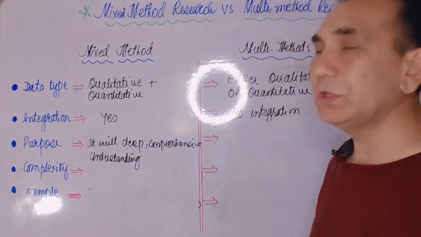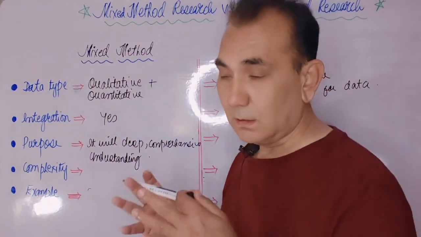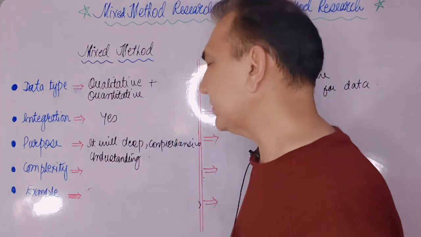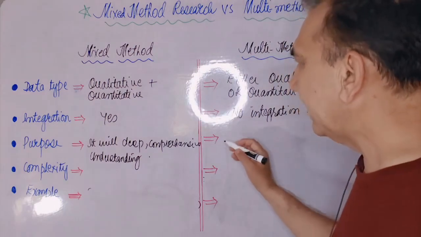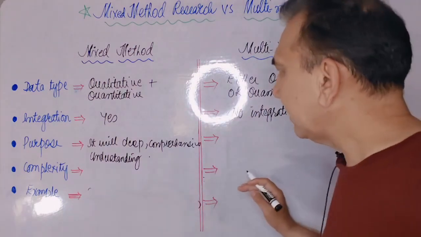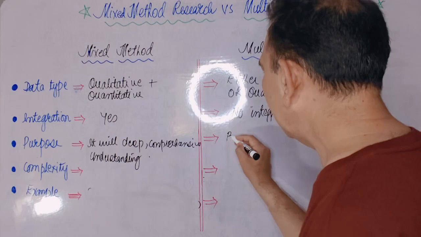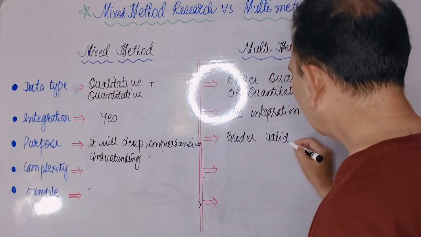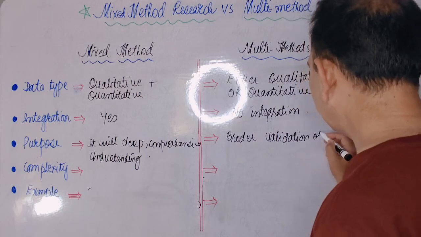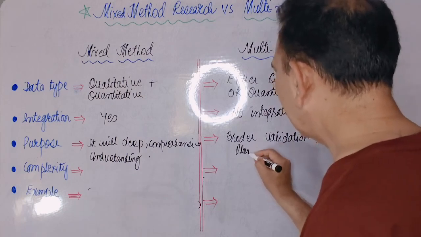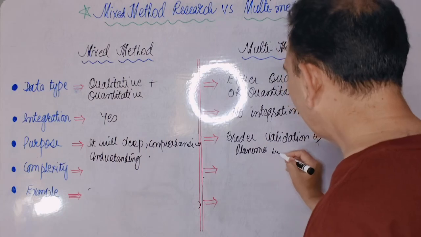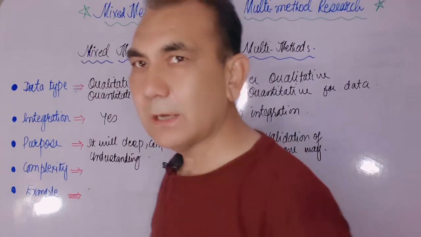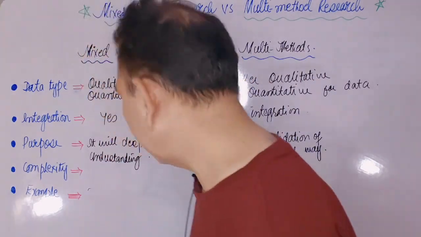In the mixed methodology, the researcher gains a deep understanding of the phenomena, while in the multi-method approach, the researcher gets a broader validation of the phenomena in one way of data analysis, either quantitative or qualitative.